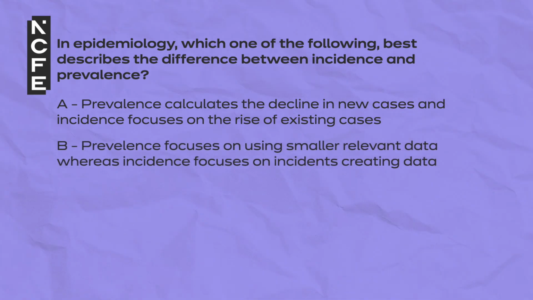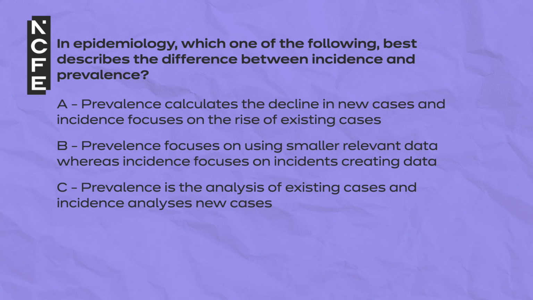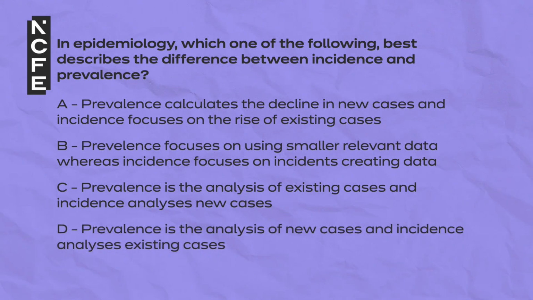B. Prevalence focuses on using smaller relevant data, whereas incidence focuses on creating data. C. Prevalence is the analysis of existing cases and incidence analyses new cases. D. Prevalence is the analysis of new cases and incidence analyses existing cases.